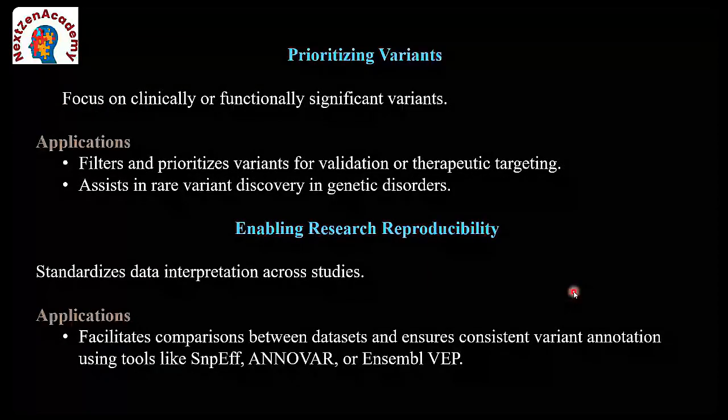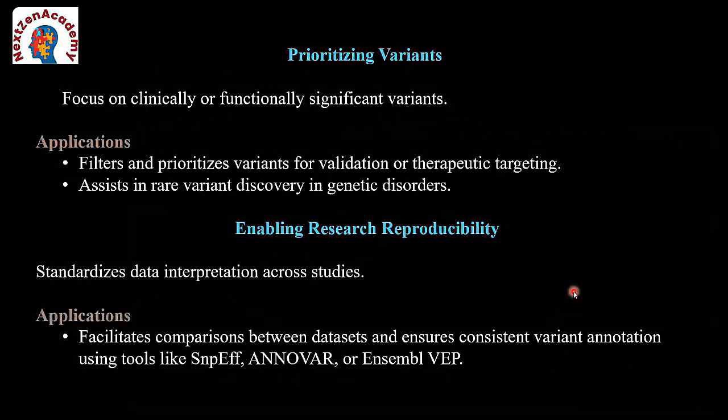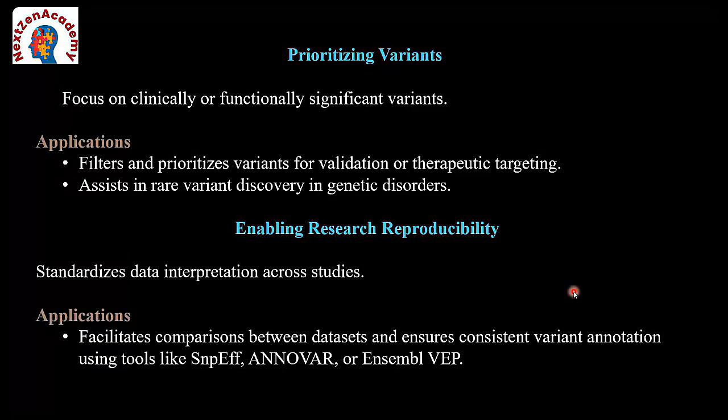When we focus on the clinical or functional significance of a particular variant, the specific variants or genes that are filtered and prioritized are helpful to study the validation of therapeutic targets.